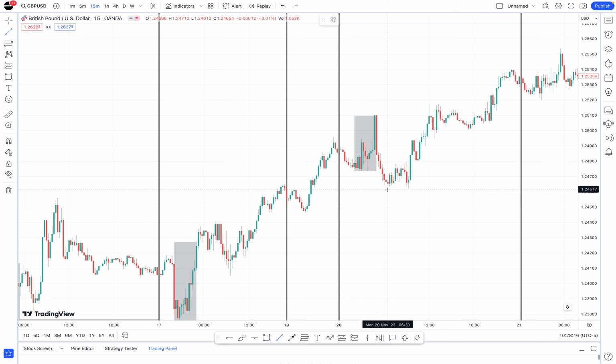That is the low of the day being made, as well as a potential high of day, because it expanded so far.